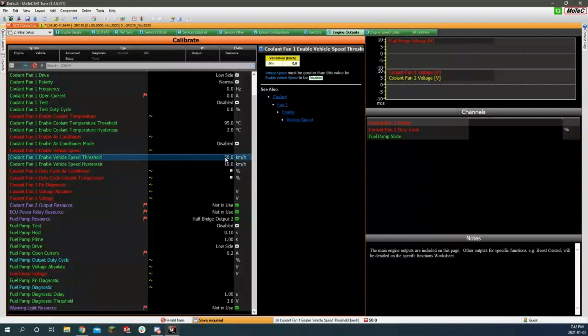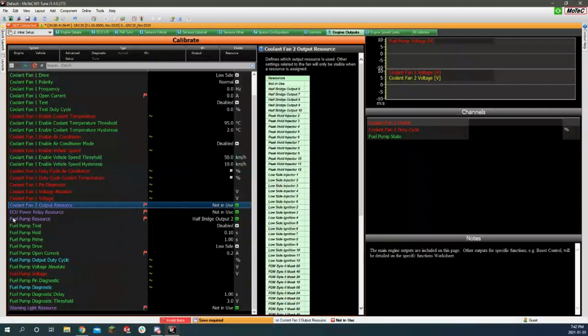So above 50K, that's an estimate for now. We can tune this in, but it should have enough airflow to keep the car cool just fine. And we're looking for an average speed of about 50 kilometers an hour in endurance. So that means hopefully half the time, even if we're at a pretty high temperature, the fan would be off, which would be nice. You can have another coolant fan that does that.